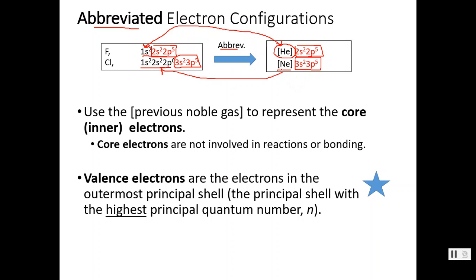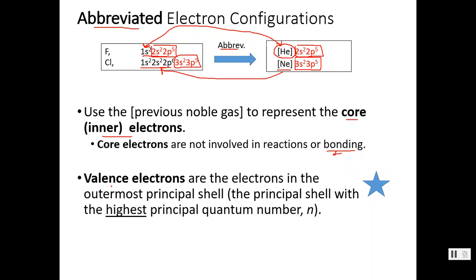The electrons that are part of the previous noble gas are called core electrons, because they're closest to the nucleus. What's important is that they are not involved in reactions or in forming ionic or covalent bonds. Electrons that are involved in ionic or covalent bonds are those furthest from the nucleus, so they are most accessible to other atoms in bonding.